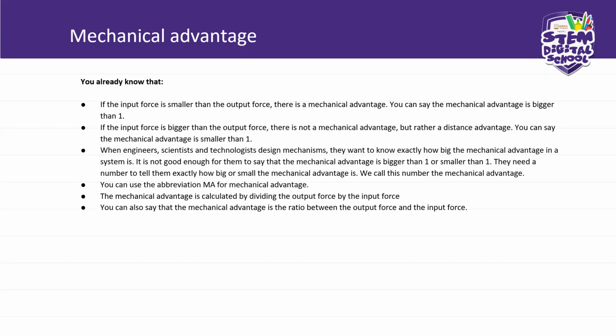We just said input force is the effort. I hope you understand that. You can also say that the mechanical advantage is the ratio between the output force and the input force. I put in so many newtons of force as input. What do I get for the output?